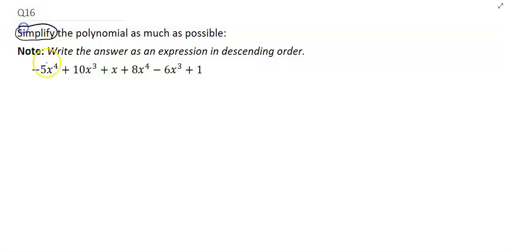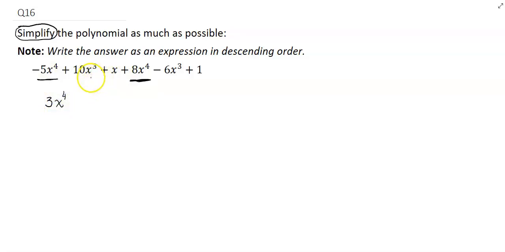So I have to look for equivalent terms to combine them. So I see that this term is an x^4 and this one as well. One is -5, the other one is 8. So when I add them together, different signs, I subtract and keep the sign of the bigger number, x^4.